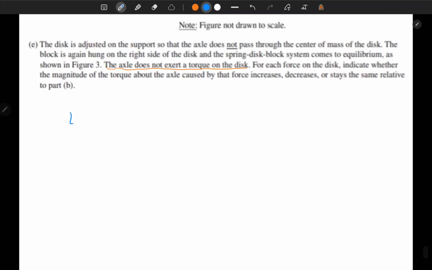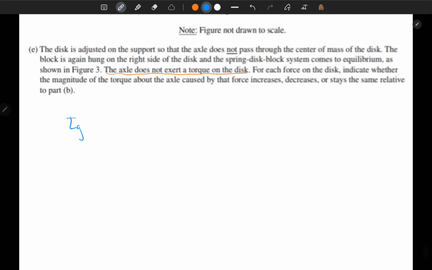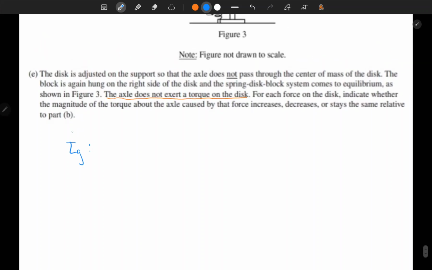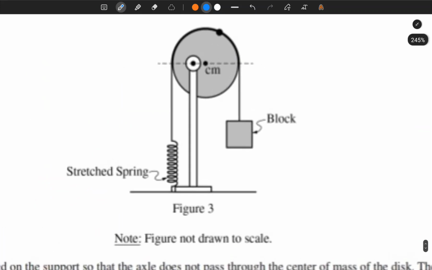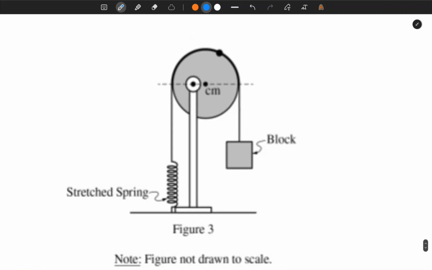Firstly, we have the torque from gravity. Here we'll call it tau g, the torque due to gravity. Before, the torque due to gravity was 0. Now, again, the force due to gravity acts at the center of mass, which is the black dot here.